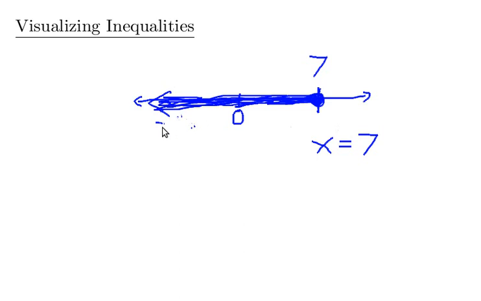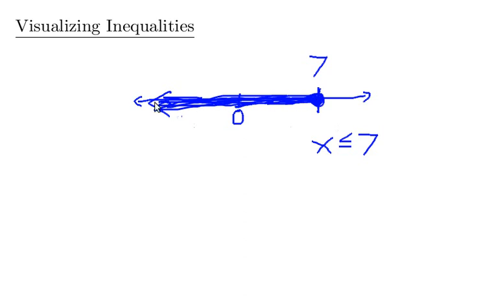So this gives us everything that is less than or equal to 7. We just drew a graph for x less than or equal to 7.